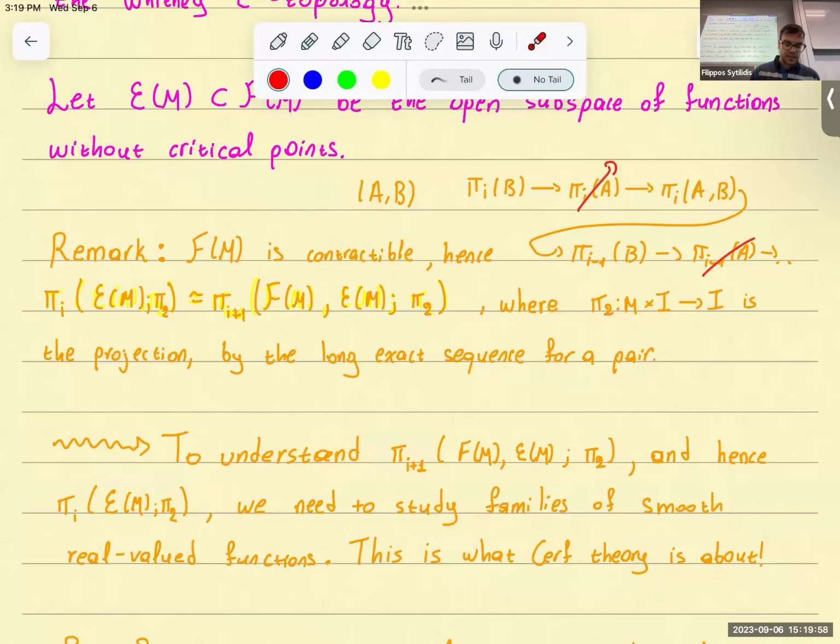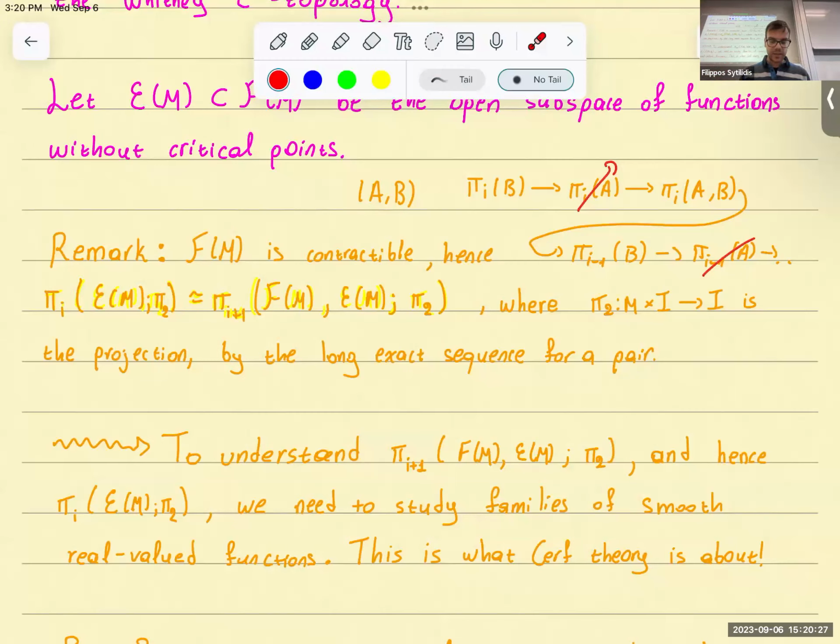So if say i equals 0, that would be a path. What is a relative loop here? It's a path of smooth functions that starts and ends in this function, which is given by projection to I.